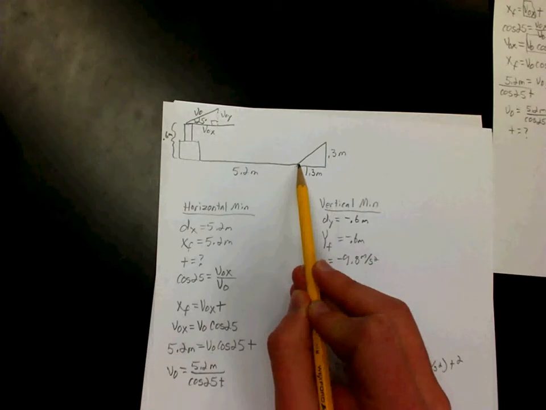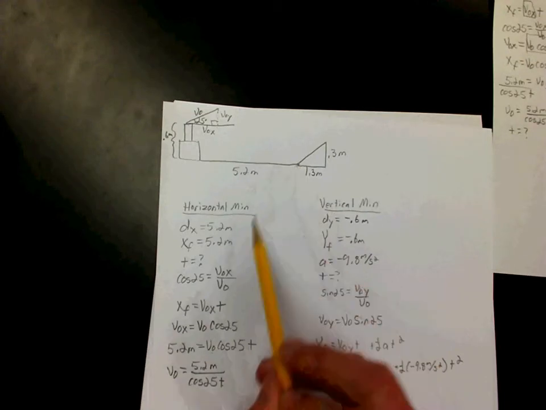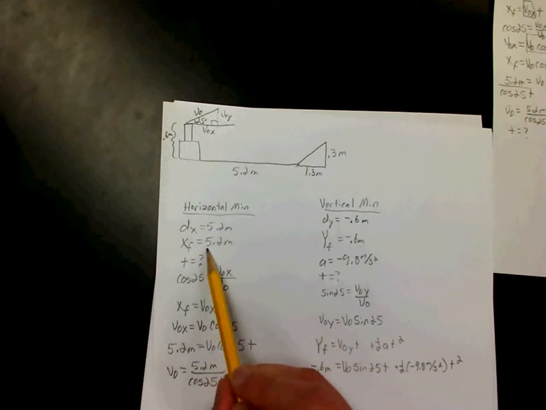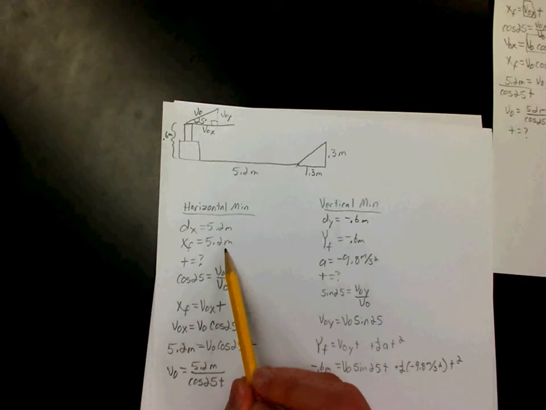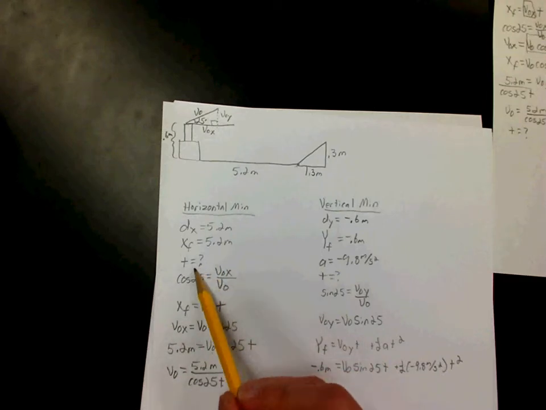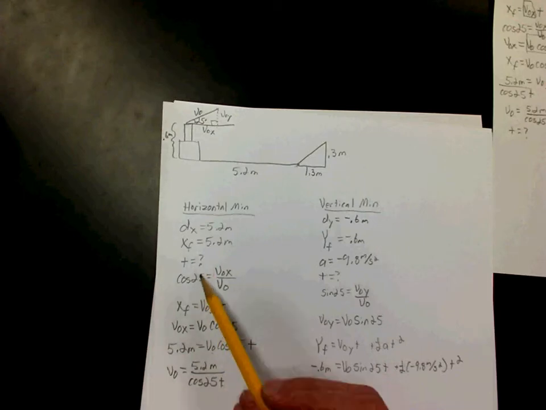So 5.2 meters is how far horizontally it has to travel. If you want to say the final position in the x direction is 5.2 meters, totally good with that. You're on the right track. It's just a different way of saying the same thing. We don't know how long it took to go the 5.2 meters horizontally. We'll come back and figure that out in a little bit.